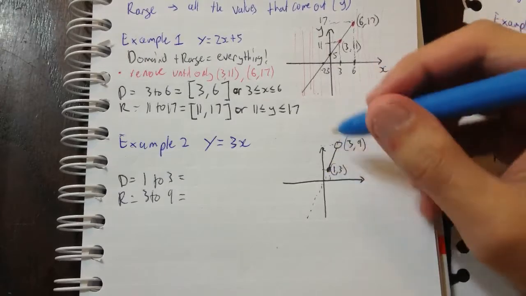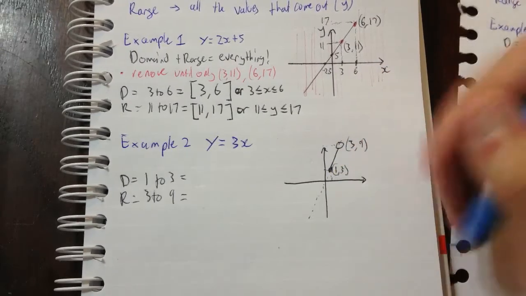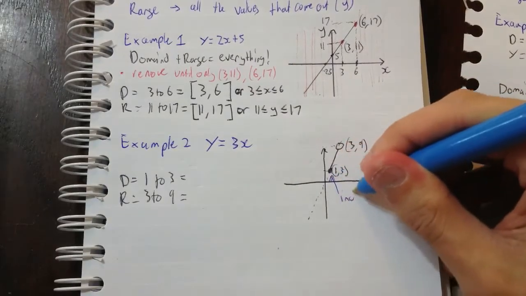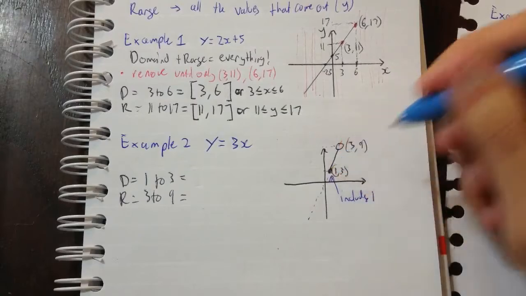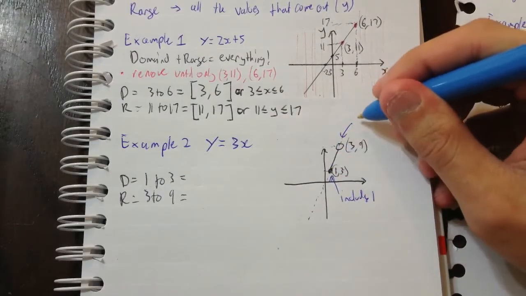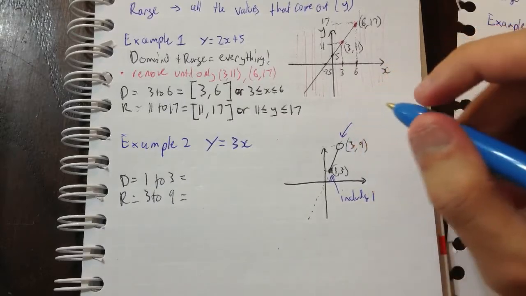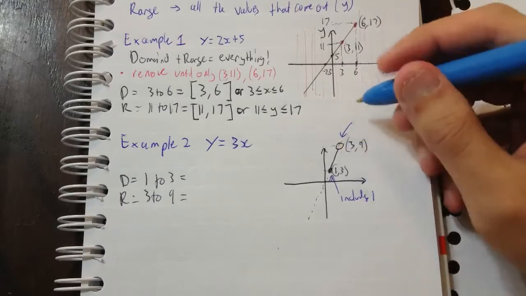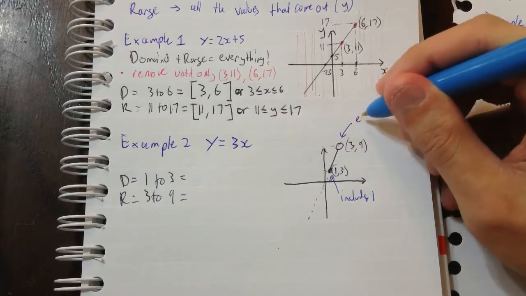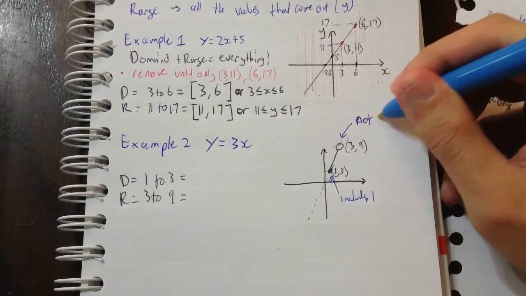What does that mean? Well, the closed circle means it includes 1. As in we actually get the value of 1. But over here, it means it gets everything all the way up to it, but it doesn't actually hit that point. It's everything except it doesn't reach 3. It does not include it.